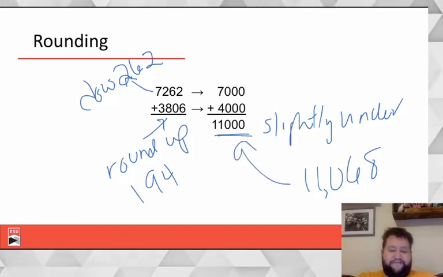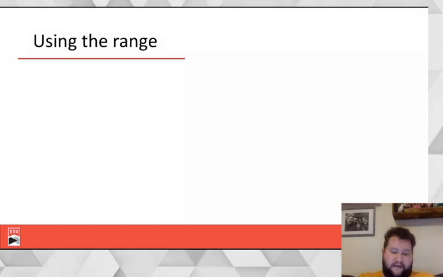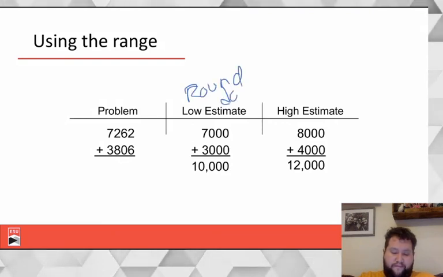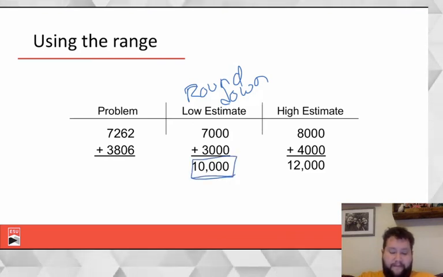Perfect. And then lastly, you can use the range. Fewer problem, 7,262 plus 3,806. You can get a lower estimate by rounding both down. So 7,262 rounds down to 7,000. This one rounds down to 3,000. So we know it's going to be at least 10,000.